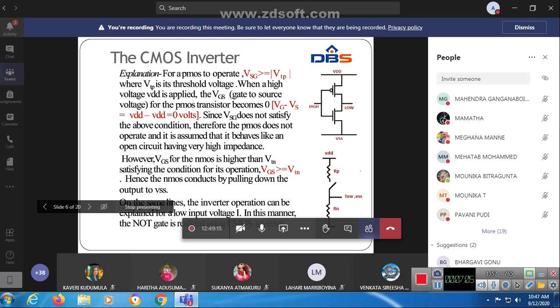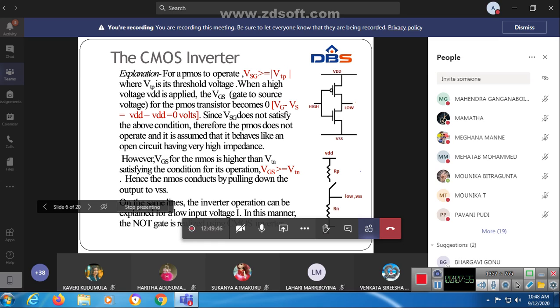So here VTP is nothing but the threshold voltage. Whenever the input crosses the threshold voltage, only then will the device be on. Otherwise it acts like an open switch. When a high voltage VDD is applied, the VSG for the PMOS transistor becomes 0, because VDD minus VDD is equal to 0 volts.